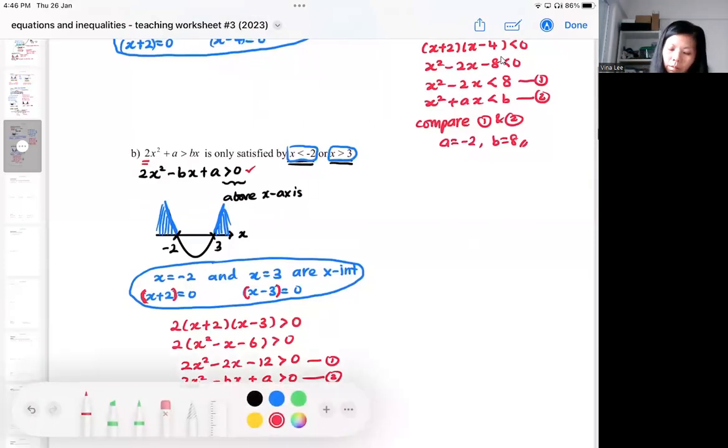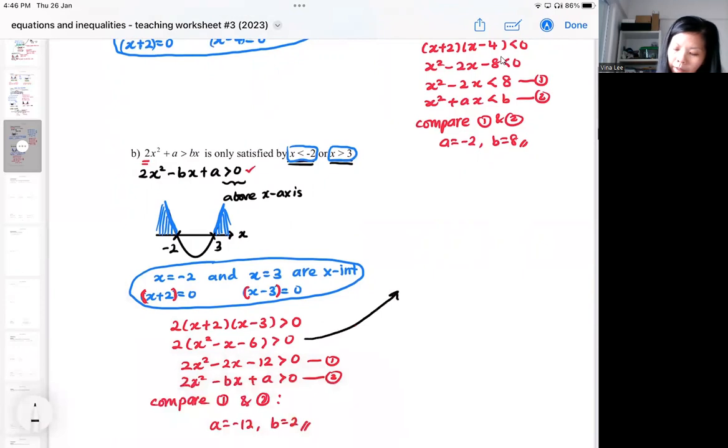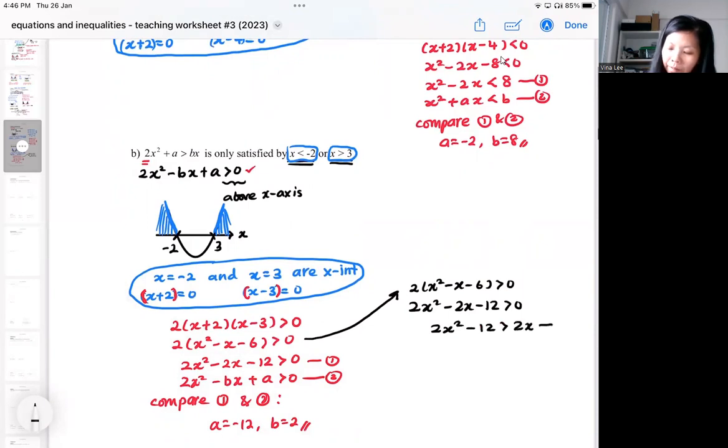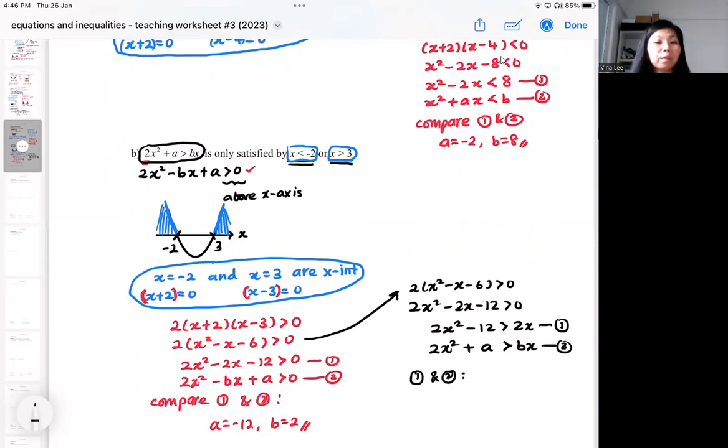Similarly, you can choose to compare in this way: compare with the original format, comparing with the original expression.